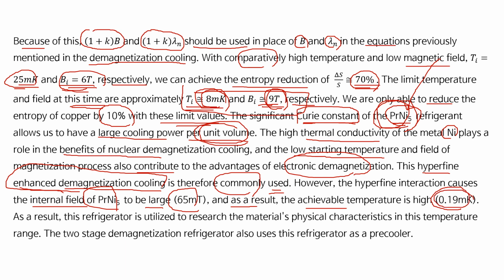As a result, this refrigerator is utilized to research the material's physical characteristics in this temperature range, 0.19 millikelvin. Also, PrNi5 is used in the two-stage demagnetization refrigerator as a pre-cooler.